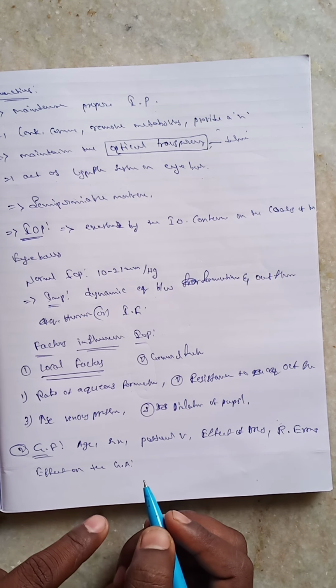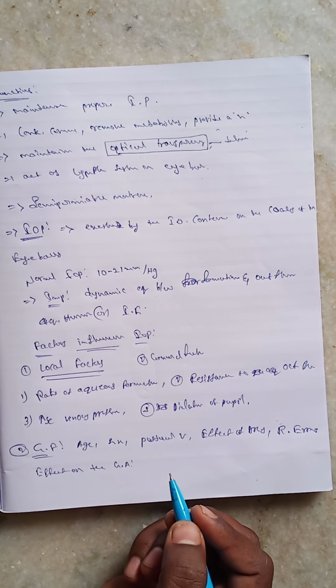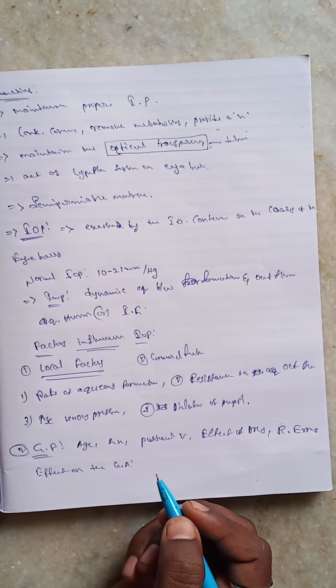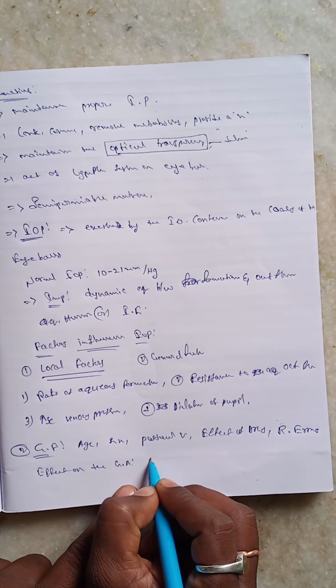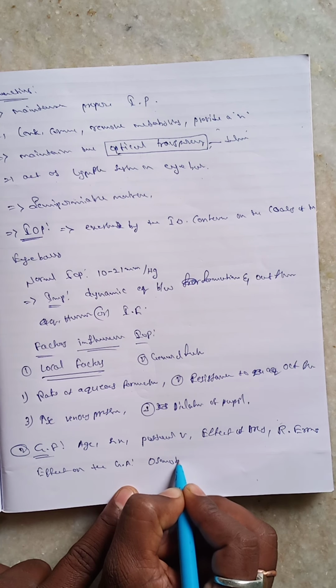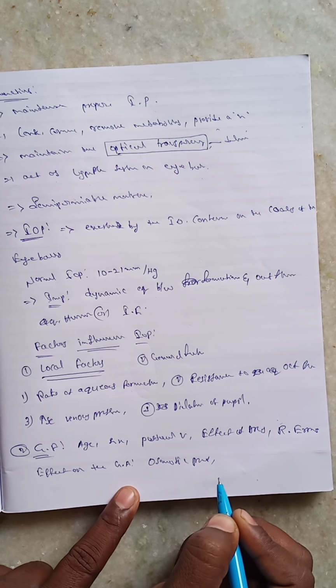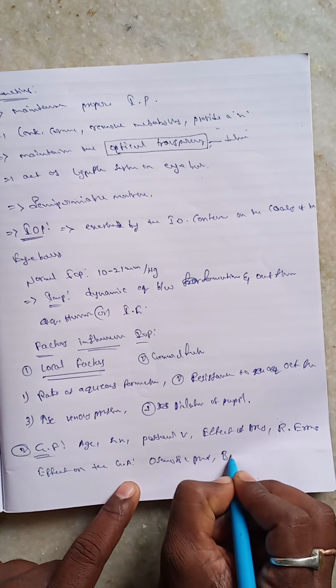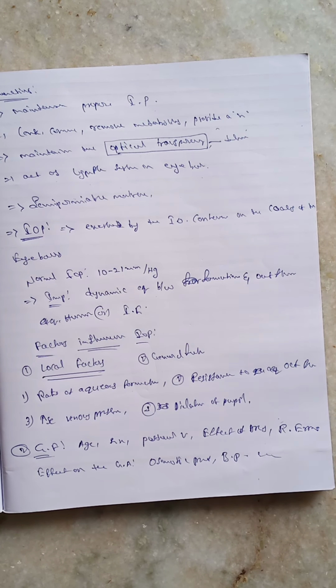General anesthesia means the total body loss of sensation. And then osmotic pressure, blood pressure, etc. These are all the general factors of the IOP.